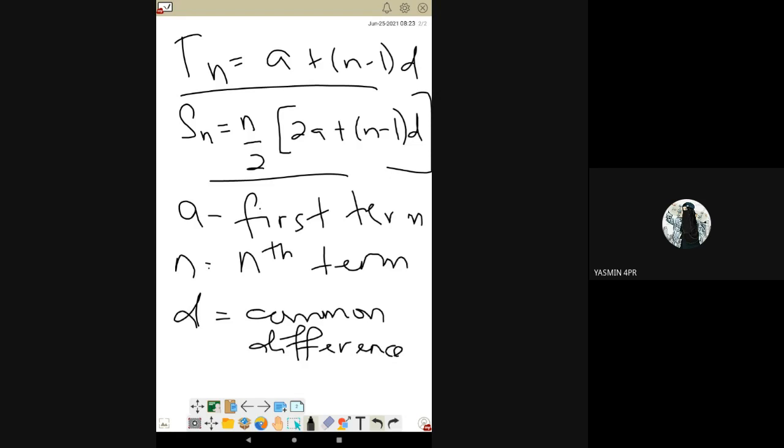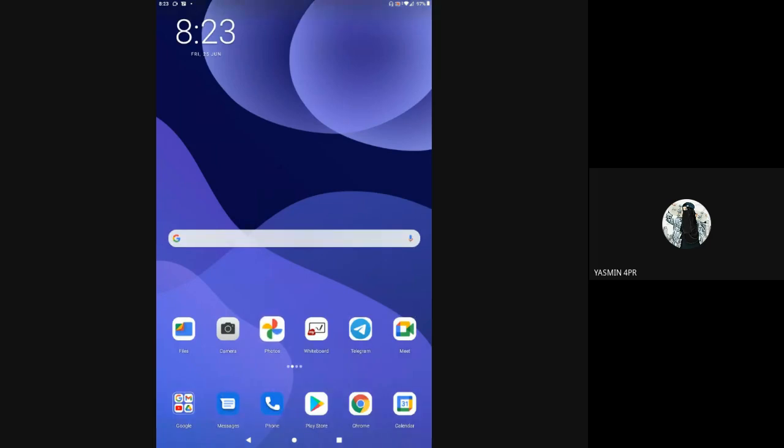We want to find the nth term. So look at example 3.